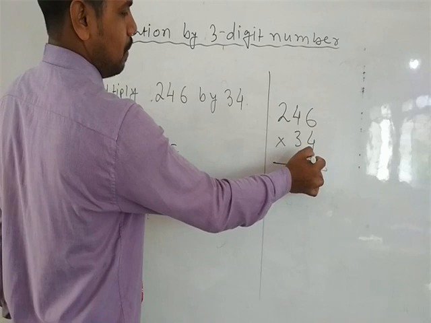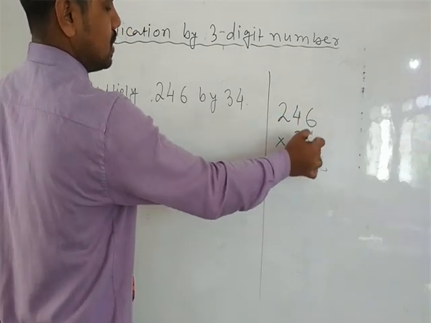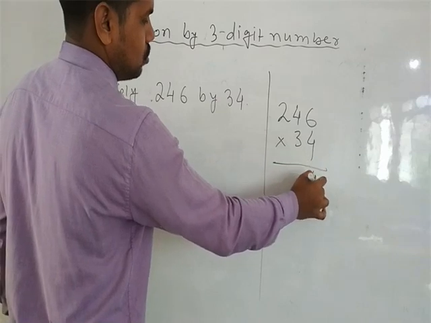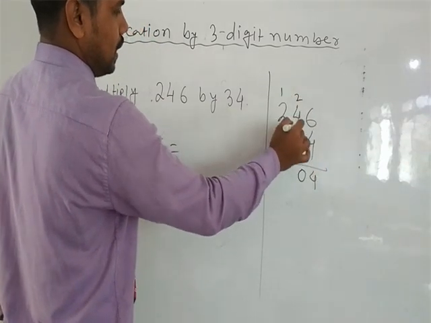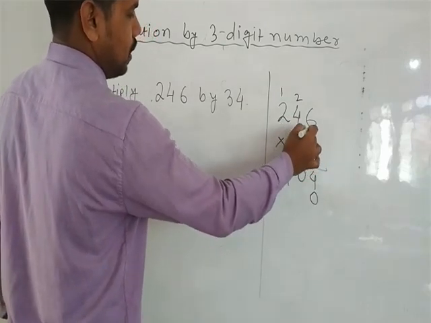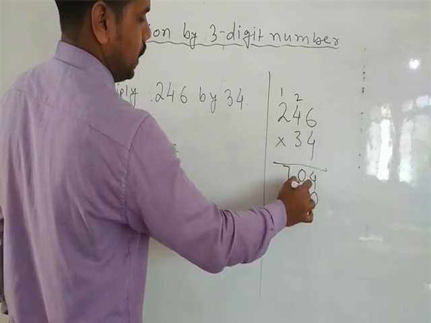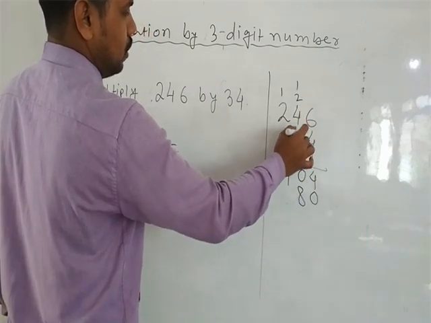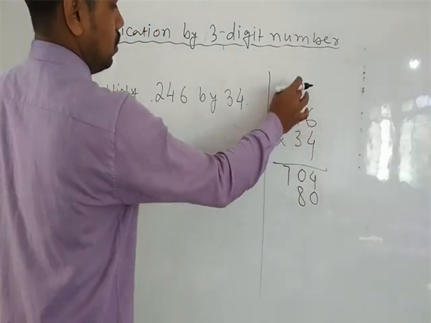We used to multiply this number with this 4 and then again this number with this 3. So 4 6s are 24. So 4, 2 carry. So 4 4s are 16, 18, 1 carry. 4 2s are 8, 9. Now this will be 0 here. Okay, because 30, 0 here. 3 6s are 18, 8, 1 carry. Okay, then 3 4s are 12, 13.